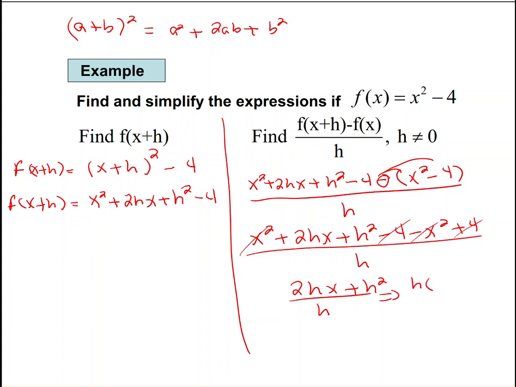So if I factor out an h from 2hx, that gives us 2x. If I factor out an h from h squared, that leaves us with h, all over h. Now, that allows us to finish simplifying this. h divided by h would cancel each other out. And my final result would be 2x plus h.